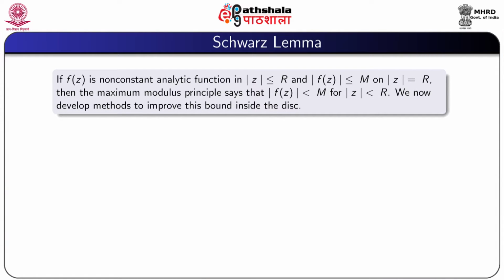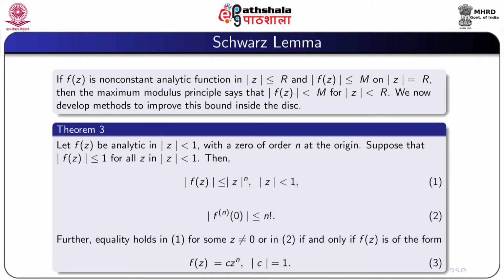So, if f(z) is a non-constant analytic function in mod z less or equal to R and mod f(z) is less or equal to m on mod z equal to R, then the maximum modulus principle says that mod f(z) is less than m for mod z less than R. We now develop methods to improve this bound inside the disk. The result: let f(z) be analytic in mod z less than 1 with a zero of order n at the origin.